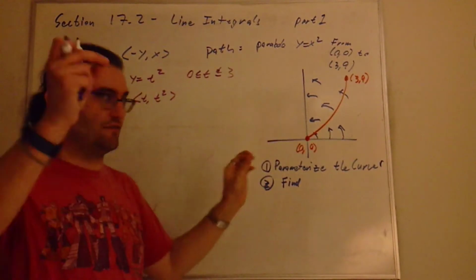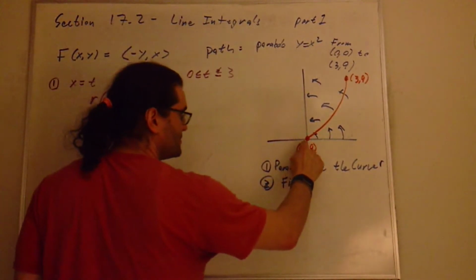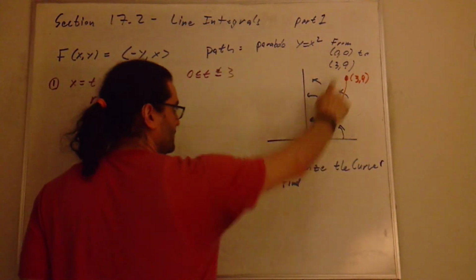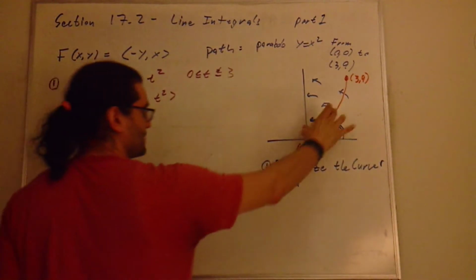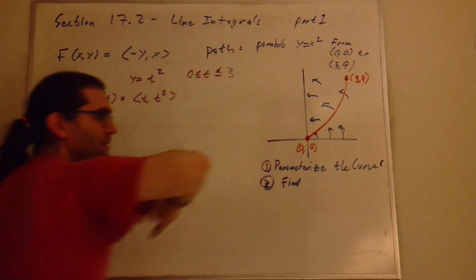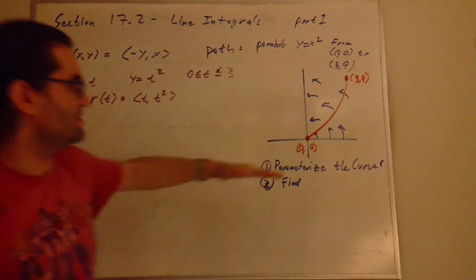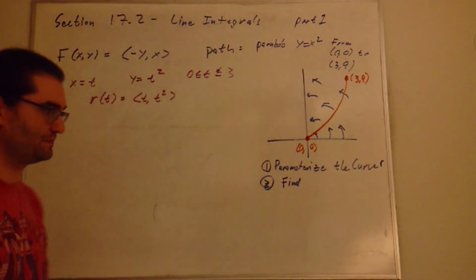That's your position vector. So this is a series of position vectors that always go from 0, 0 up to the point that you're interested in. So when t is 2, it'll take you from 0, 0 to 2, 4. When t is 3, it'll take you from 0, 0 to 3, 9. This will just give you an increasing series of position vectors, basically.